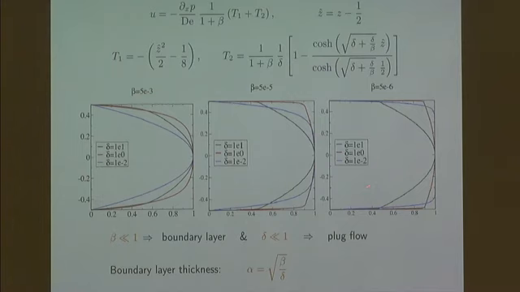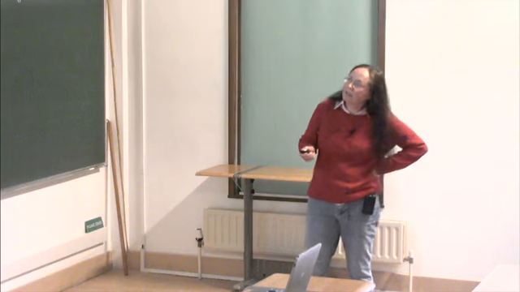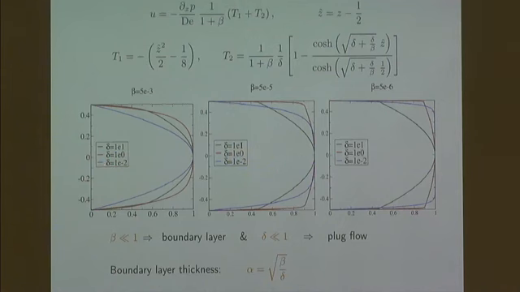This delta was 10, so we think of it as large. If you decrease delta, the inverse diffusivity, to 10 to the minus 2, you think of that as small. You look at the blue line, you see that, in addition, you have a transition to a plug flow type regime.